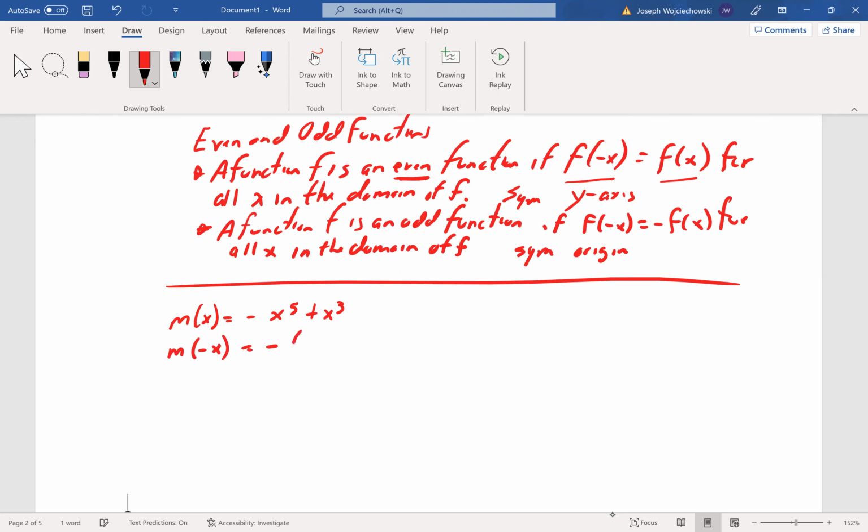Well, it is the negative of negative x to the fifth plus negative x to the third.